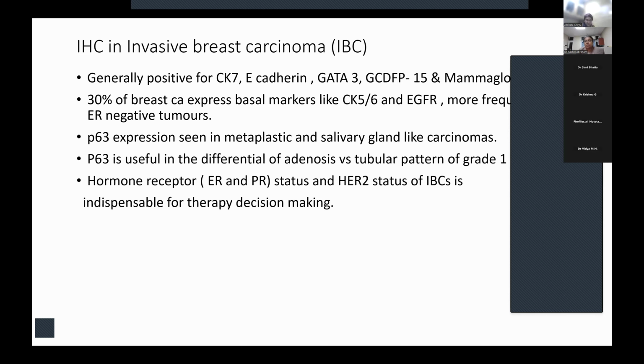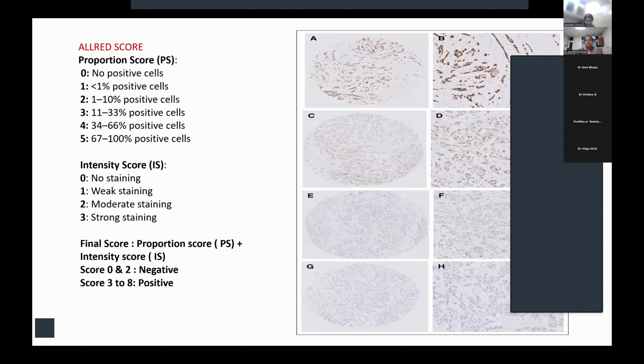So by protocol, what is absolutely necessary is the assessment of ER, PR status and HER2 status of IBCs, since it is indispensable for therapy decision making. The most widely used method to assess the receptor status in invasive breast carcinomas is the Allred score, where you look at the proportion of the tumor cells which are positive for ER and PR, and also look at the intensity of staining, that is, whether it's a strong staining, a moderate staining, weak staining, or no staining at all.